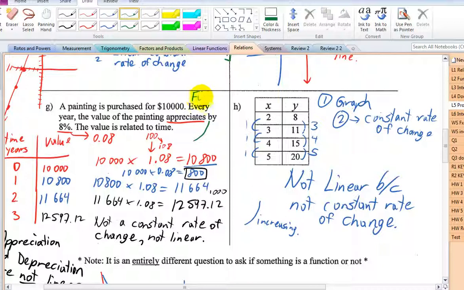Absolutely, it's a function. Every year that changes, your y value changes every year. H, is that a function? Each input has one output. So this is also a function. So you got to check those two separately. Linear and function are two different questions.